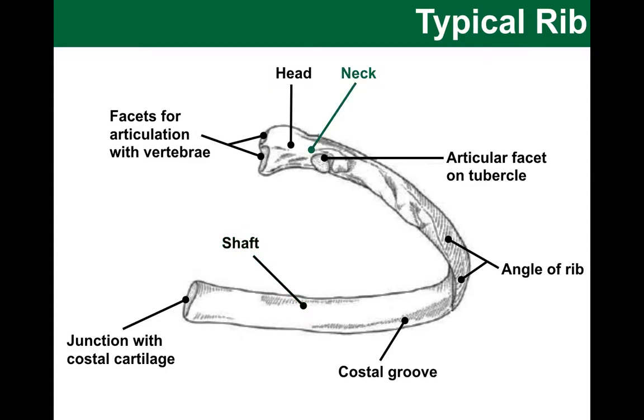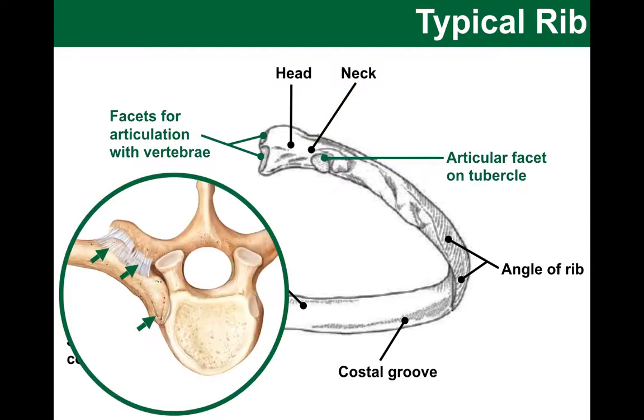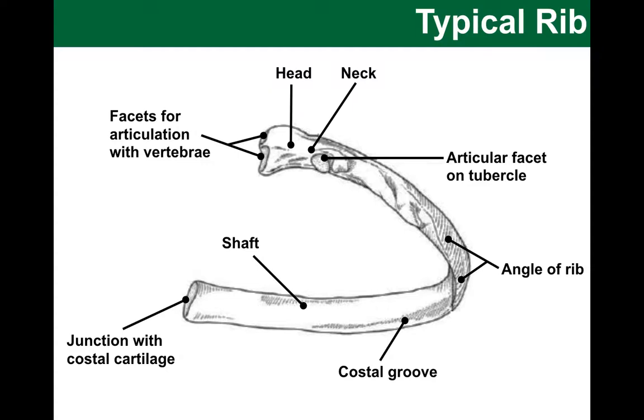It is a thinner part, like a neck. And notice we have these attachment points where the rib articulates with the vertebral column. So that is a typical rib. Of course, they vary in size and shape, but these structures are generally seen in all of them.